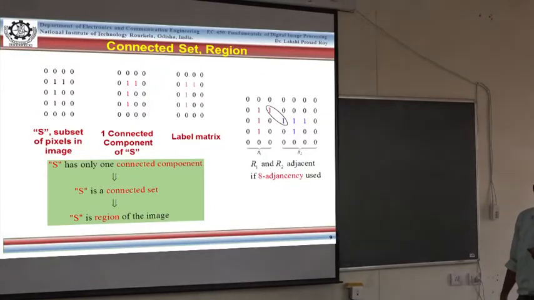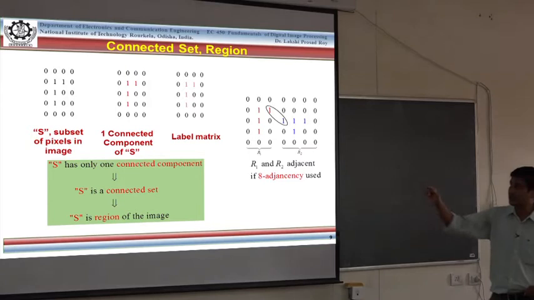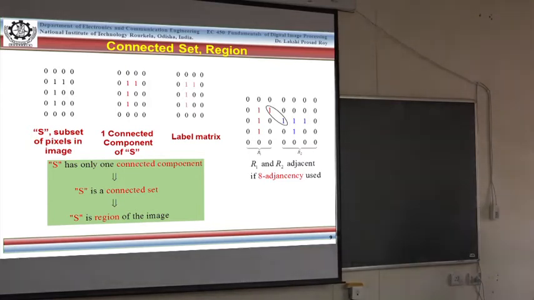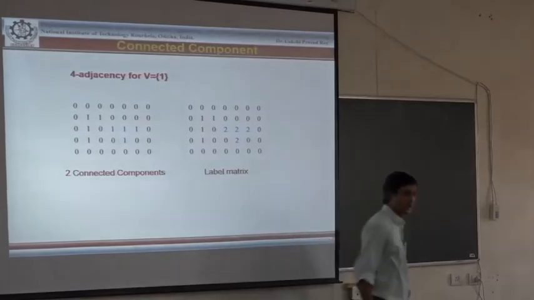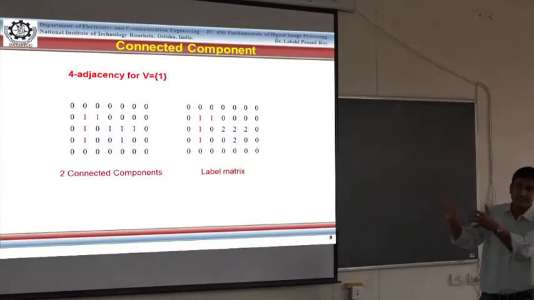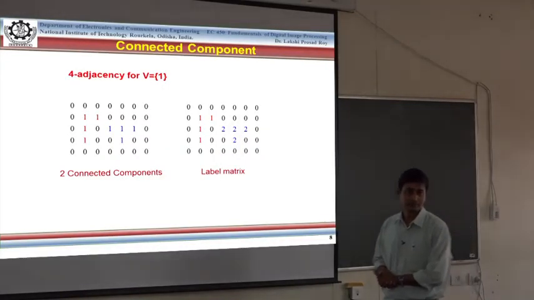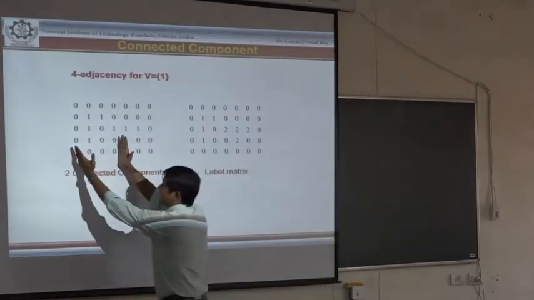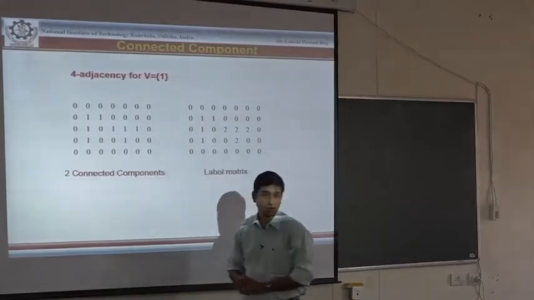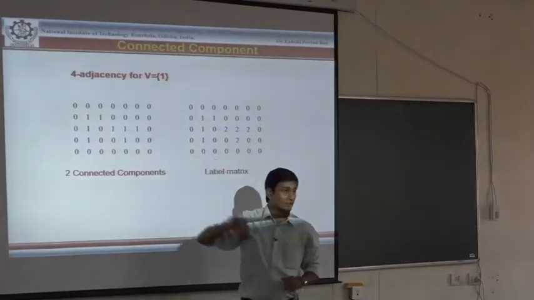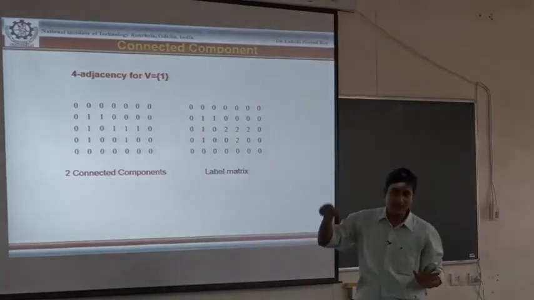Okay? So, now, if I ask you about our initial image, which was this one, in that, which are the regions? I will say, if I take this subset and this subset, this and this separately, this is one region, this is one region of the image.